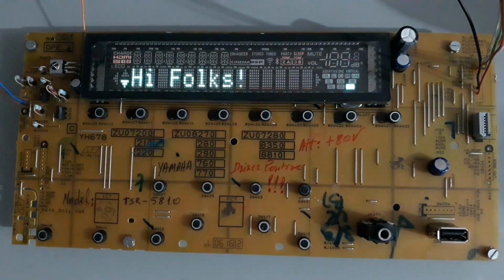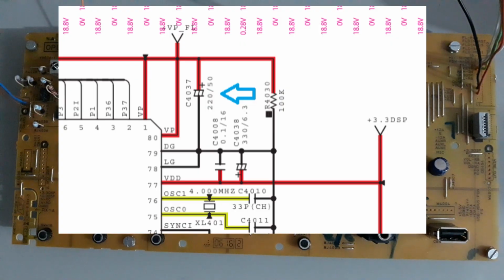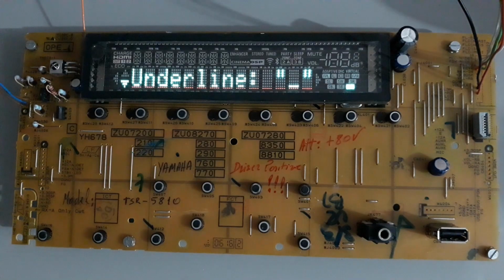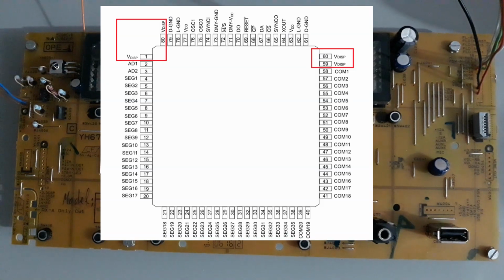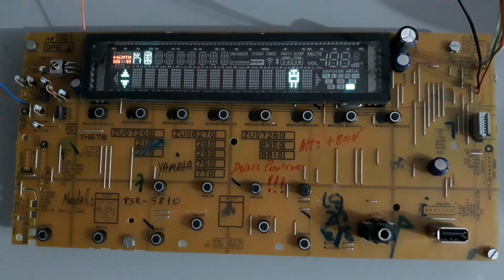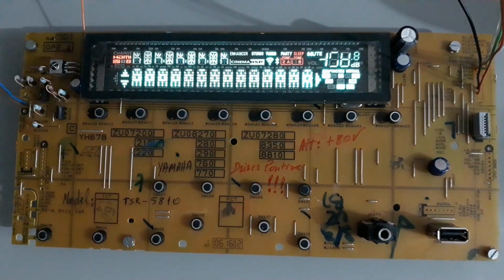In the panel we cannot reach this value because the capacitor C4037, called in the schematic VDISP, has a value of 220 microfarads and 50 volts DC.